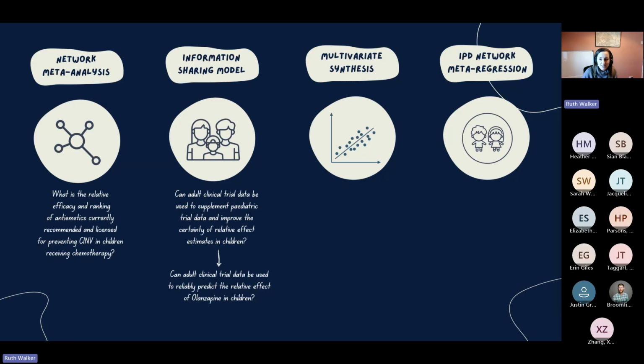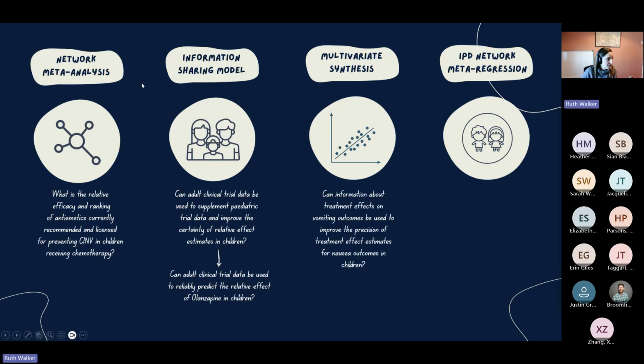Instead, we've estimated differences in relative treatment effect between the populations and tried to use this to facilitate predictions of new treatments in children where only adult evidence is available. Treatments are often approved in adults long before they are in children because of the lack of evidence in the child population.